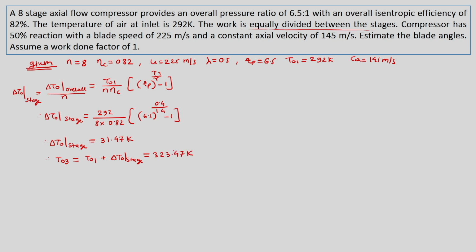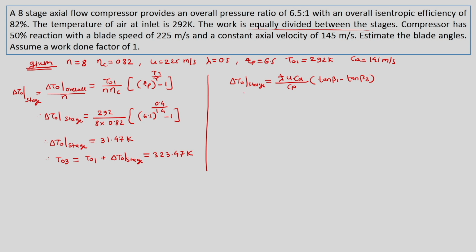323.47 Kelvin. We are expected to find out blade angles, so for that we can make use of a new formula, which is delta T naught stage, and that is equal to work done factor U into Ca divided by Cp into tan of beta 1 minus tan of beta 2.